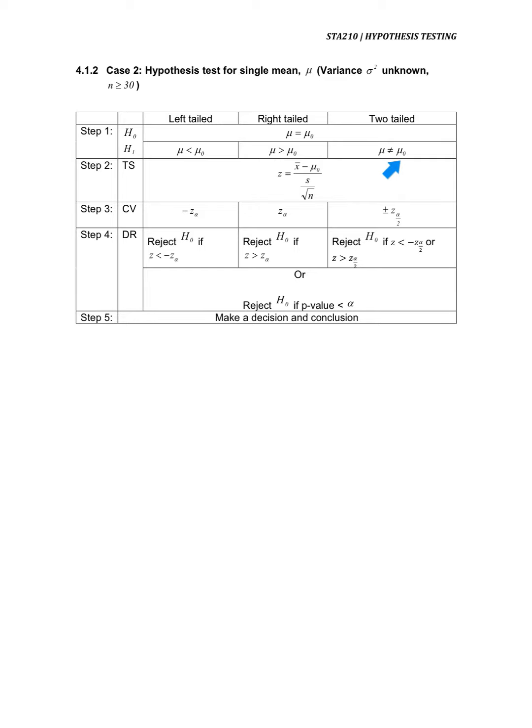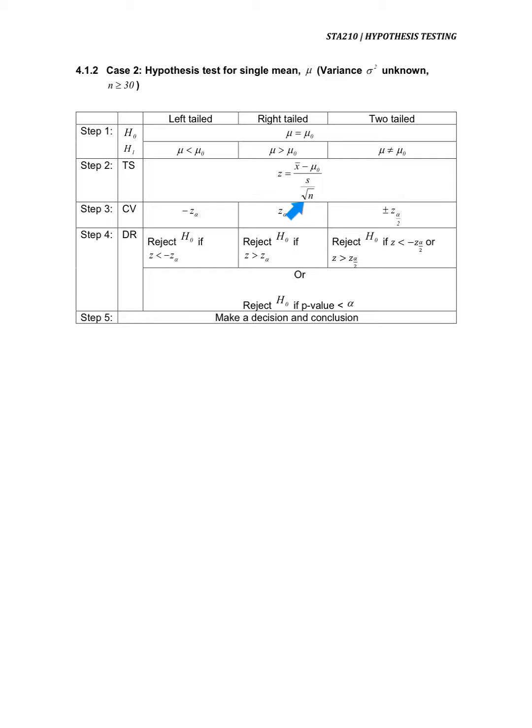For the test statistic, we are going to use Z here. Why do we use Z? Because our n is greater than or equal to 30, so we consider our n large. The formula is still Z equals x bar minus mu naught over S over square root of n.